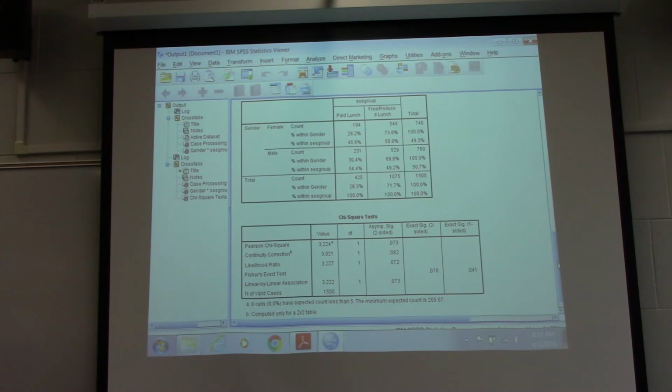The number that matters, really the only output that matters in this case, is this one. You'll see Pearson's Chi Square, and that's the significance value, the p-value. Because that value of 0.073 is greater than 0.05, that's not statistically significant. So I can't conclude that gender and free reduced lunch rates interact in some way. In other words, they are independent of one another because the test is not statistically significant.